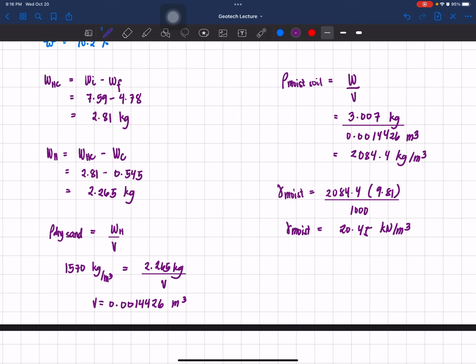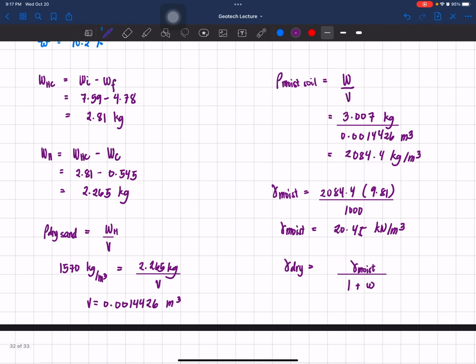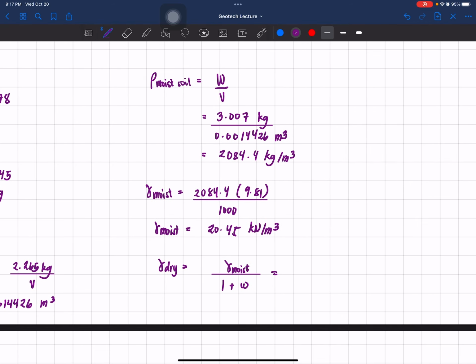Next, it's easy to get the gamma dry, guys. So how do we get the gamma dry? Gamma dry is equal to gamma moist all over 1 plus water content. This is now equal to 20.45 all over 1 plus 0.102, because our water content is 10.2%.